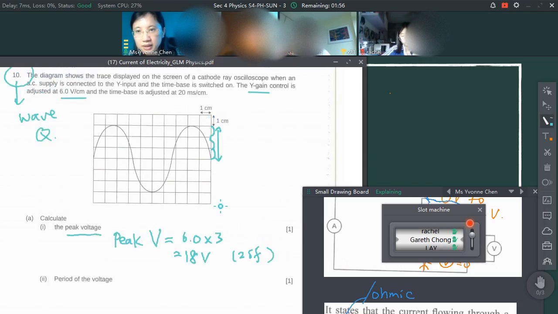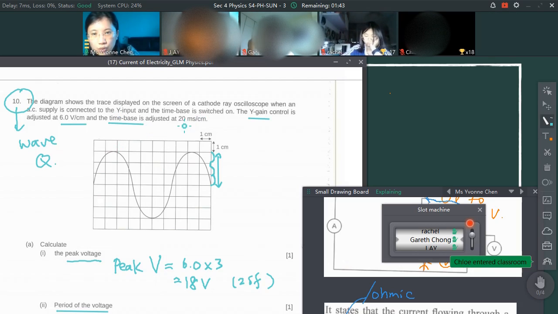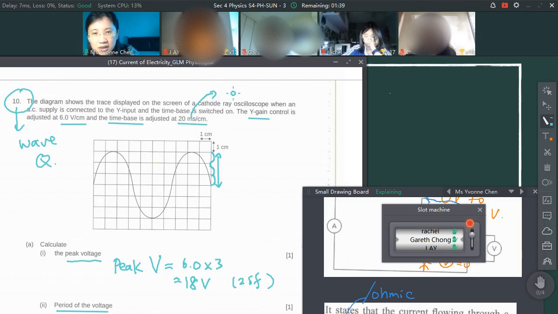And then the second part is to find the period of the voltage. We should look at the time base, 20 millisecond per cm. Milli is 10 to the power of negative 3.